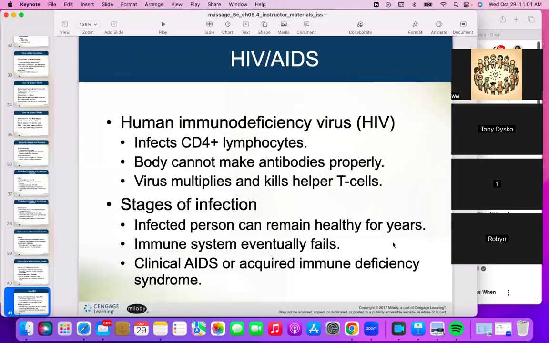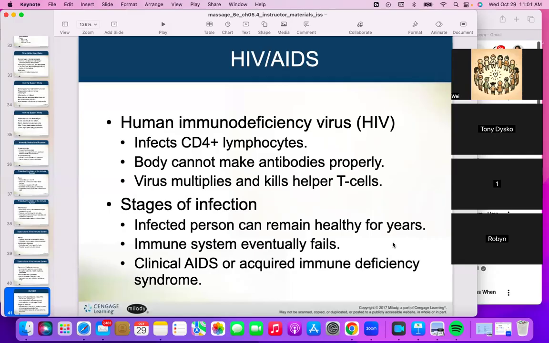Now, HIV, on the other hand, human immunodeficiency virus, infects CD4, it's a type of protein, and lymphocytes and white cells. So the body cannot make any antibodies to defend itself properly. So the virus multiplies and kind of takes over the body and kills the helper cells.